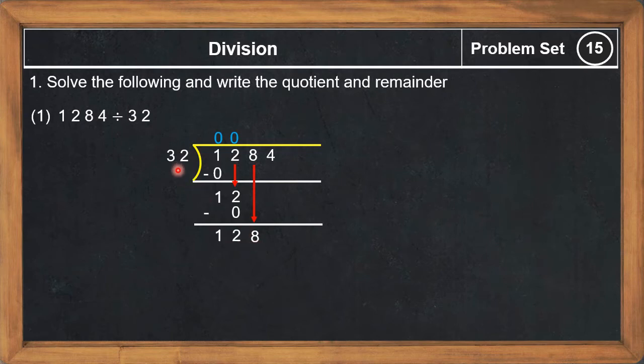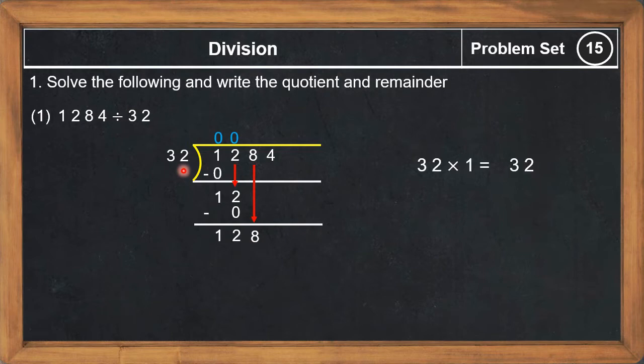Here, as the divisor is 32, we use the table of 32 to find a number which is equal to or less than and nearest to 128. So, let us make the table of 32.